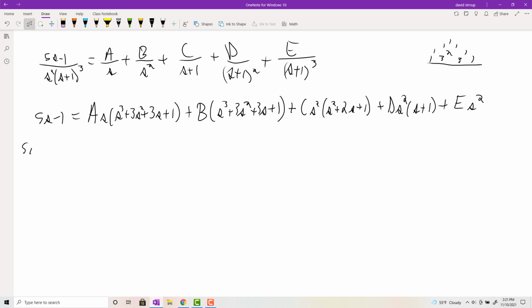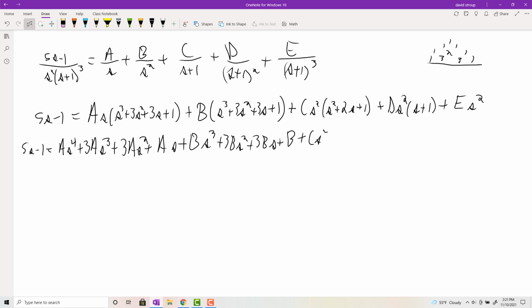Okay, so I have 5s minus 1 equals as to the fourth plus 3as cubed plus 3as squared plus as plus bs cubed plus 3bs squared plus 3bs plus b plus cs to the fourth plus 2cs cubed plus cs squared plus ds cubed plus ds squared plus es squared.